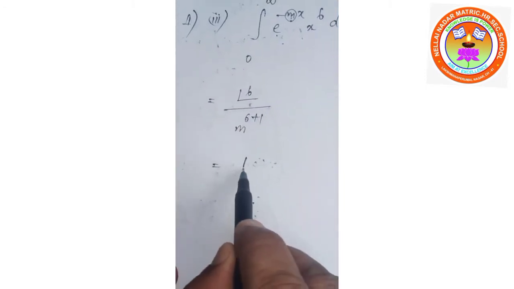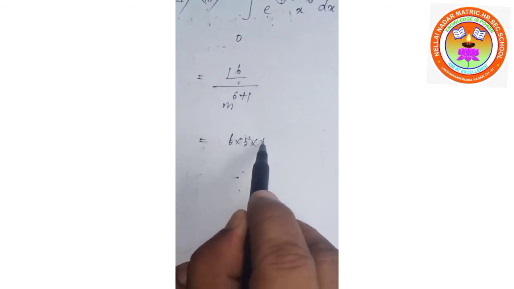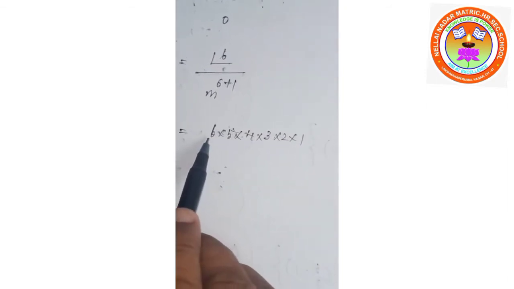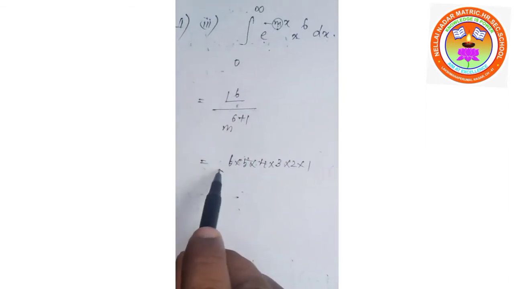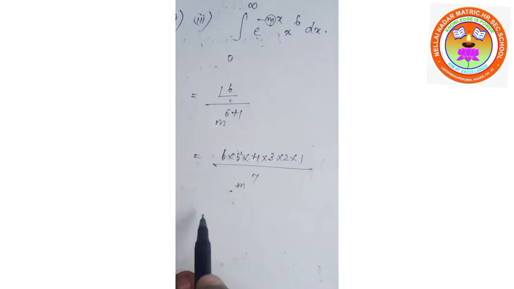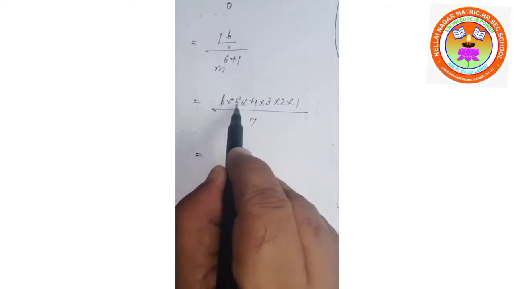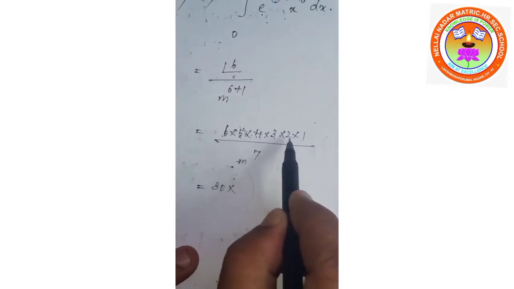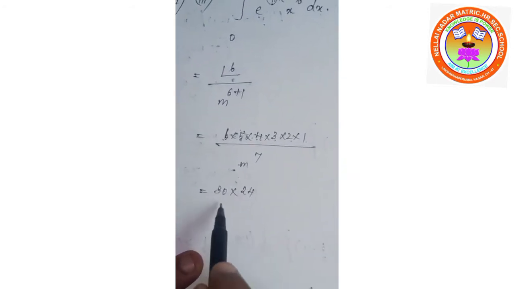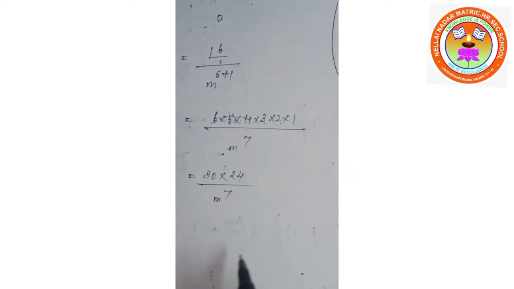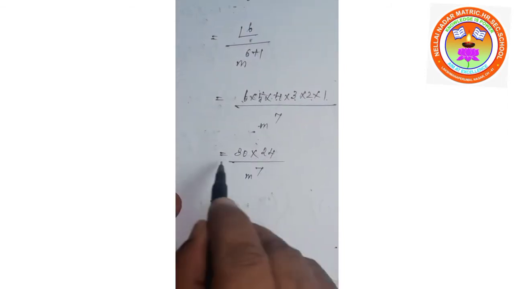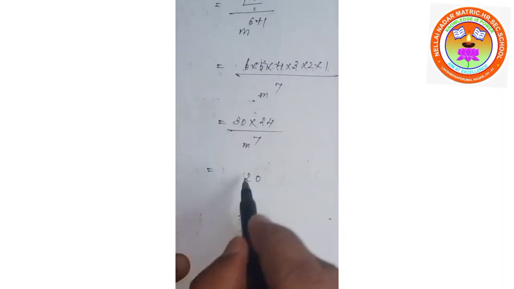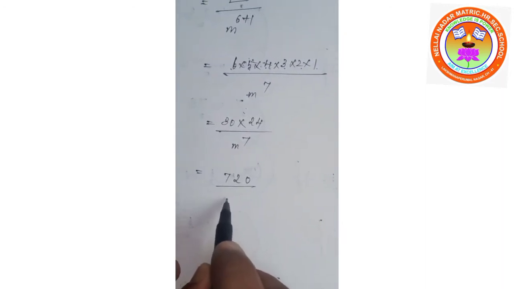that is 6 into 5 into 4 into 3 into 2 into 1. Keep on reducing 1, start from 6 until you get 1, divided by m power 7, that is equal to 6 5s are 30 into 4 3s are 12, 12 2s are 24, 24 1s are 24, divided by m power 7, that is equal to, you have to multiply, 4 3s are 12, 3 2s are 6 plus 1, 7, 720 divided by m power 7.